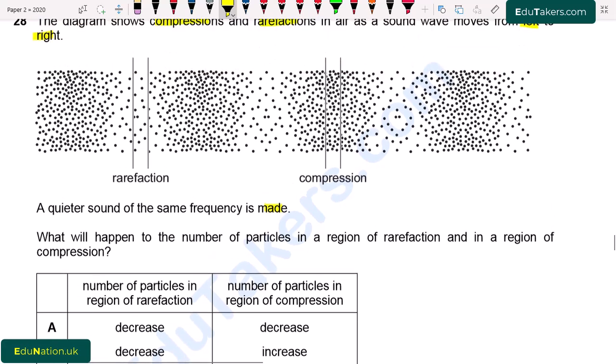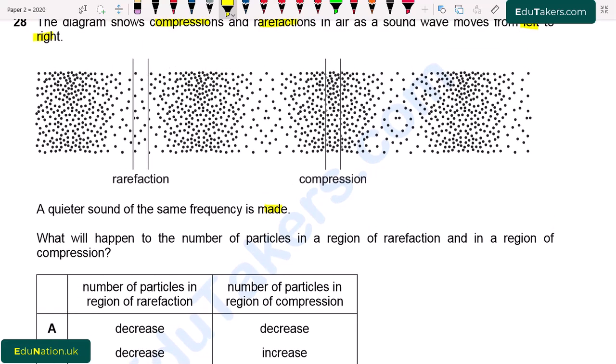So first of all, compression is the region where the particles are closer to each other. It means that in the compression there are a large number of particles, but in the rarefaction there are very few particles. But when the quieter sound is made, then the amplitude of the sound becomes small.